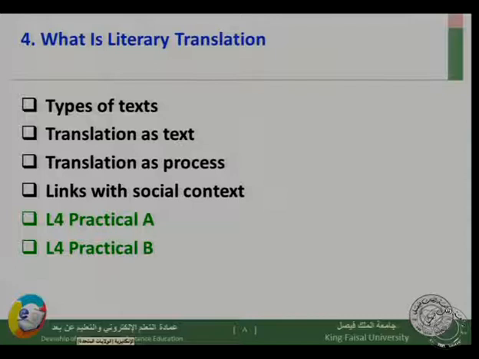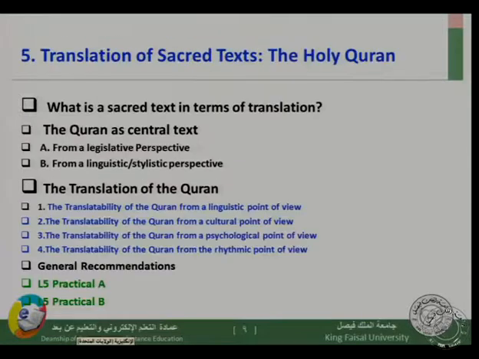And then we tackle translation as a text. When you want to translate, you need to look at the issue of equivalence, the issue of communicative purpose, and the issue of style. Translation as a process, and the links with social context. Practicals A and B.